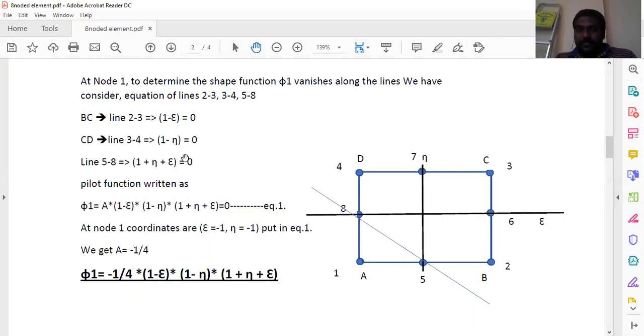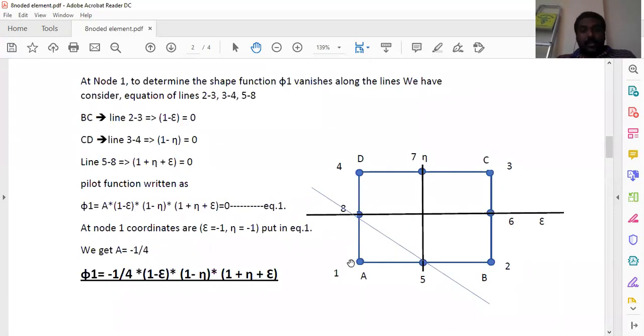We already defined all the line equations above. So the shape function can be written as phi 1 equal to a times (1 minus zeta)(1 minus eta)(1 plus zeta plus eta). So this will be the shape function for node 1.